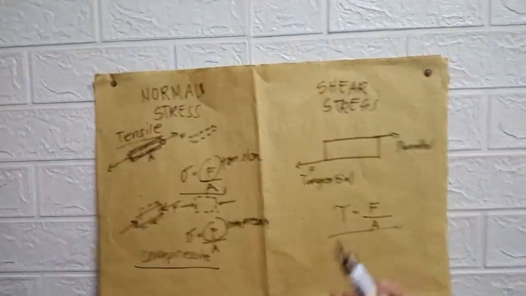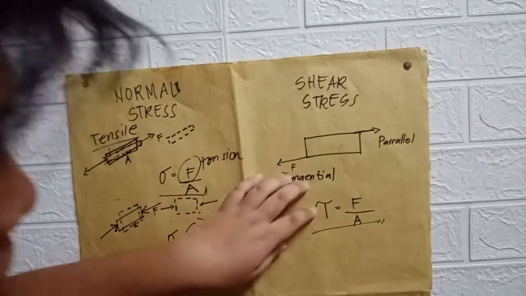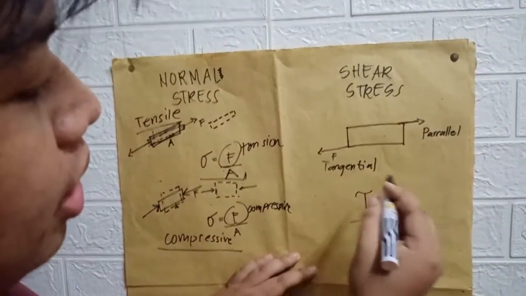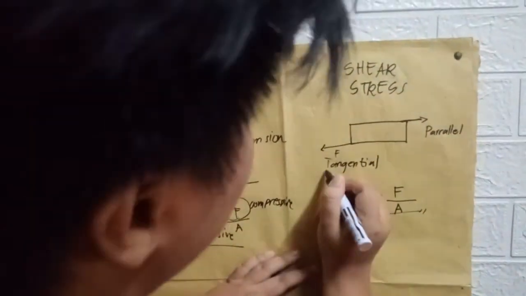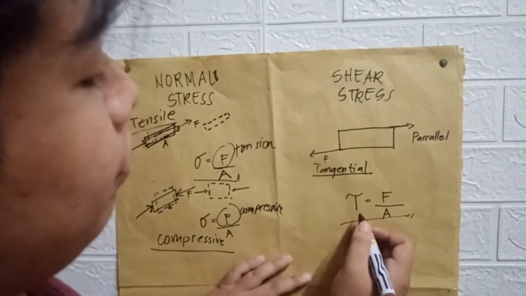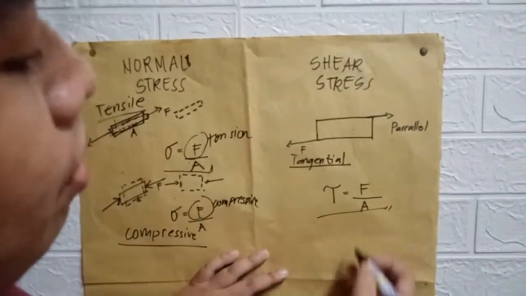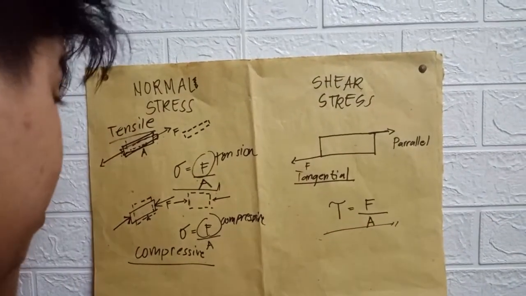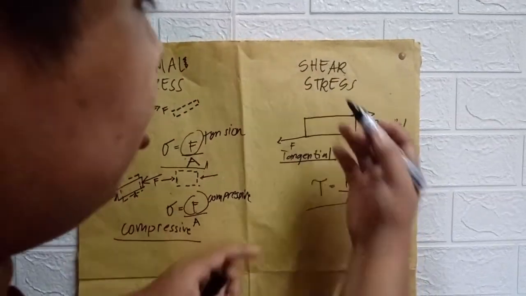In shear stress, the forces are parallel to each other, and this force is called the tangential force, and this is the formula for the shear stress: F over area, force over area. So now, what will happen to the object under shear stress?